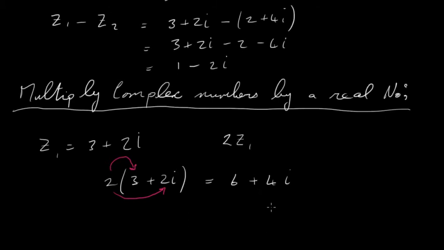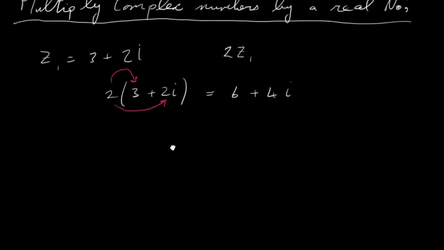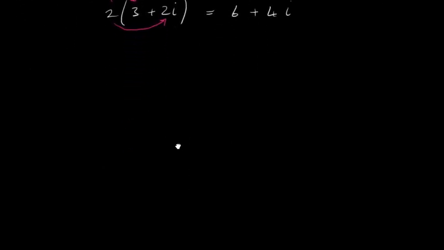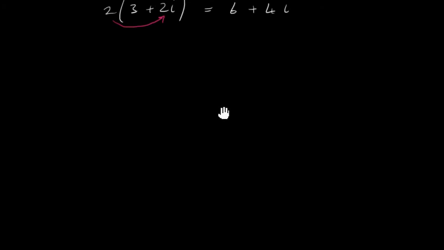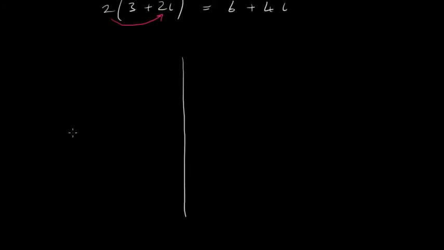Now, the last thing I'm going to do is look at what happens to complex numbers when you add them and when you multiply by a real number on the complex plane. So if you take our complex plane again here, let's take our real number line here, and we'll go 1, 2, 3, 4, 5.